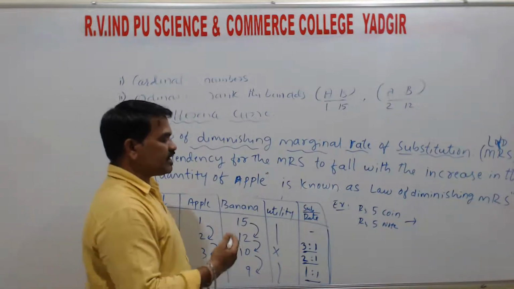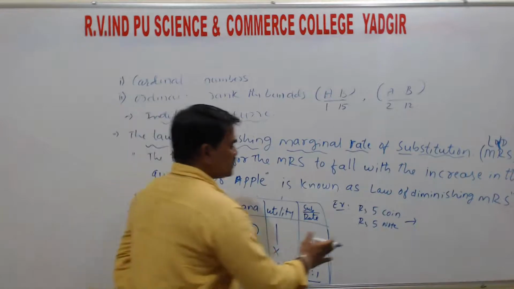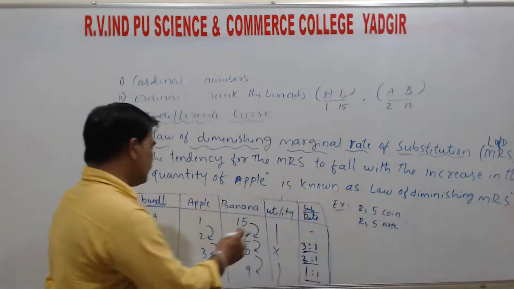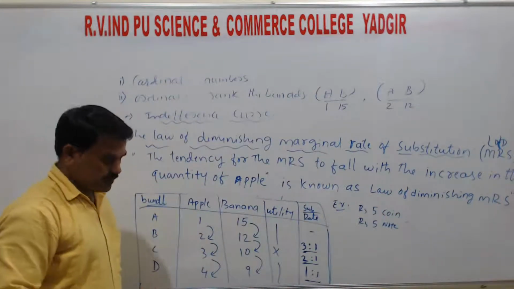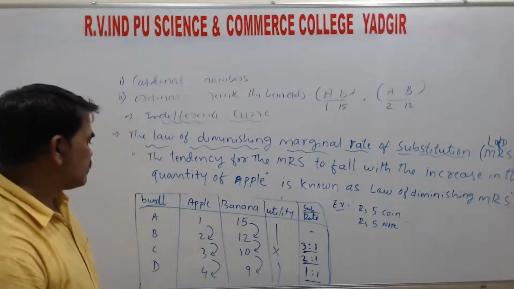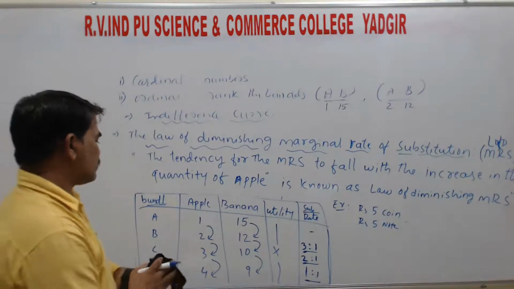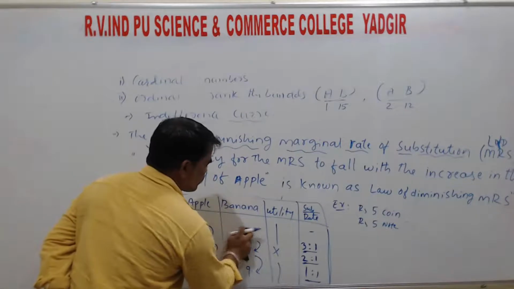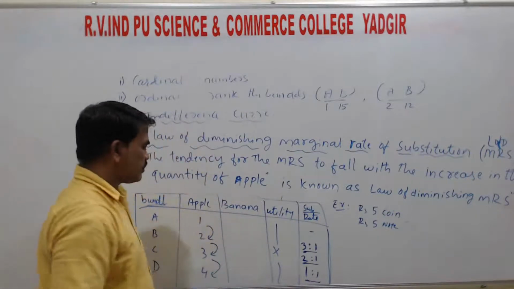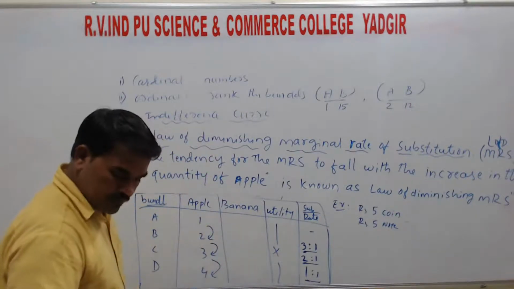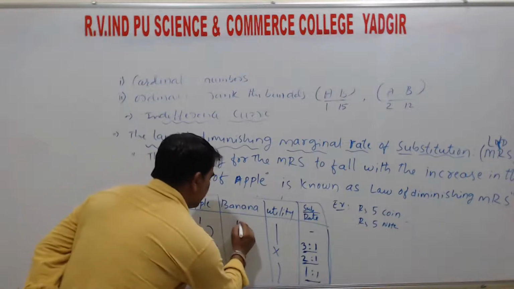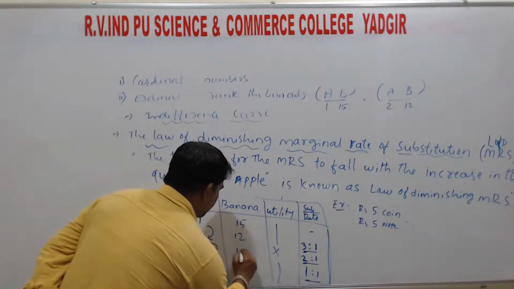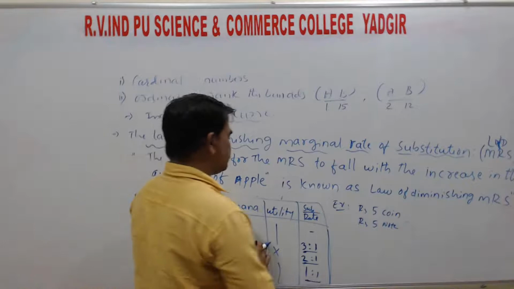When there is a perfect substitution, suppose I'll write here in the same table. We can have one more thing for understanding, correct?